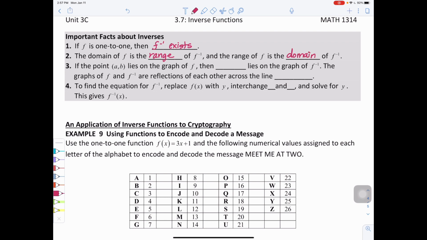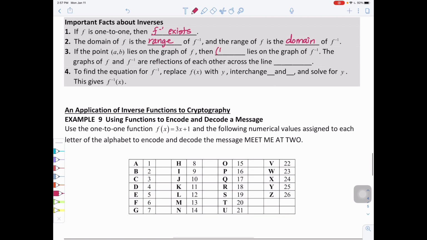If the point (a, b) lies on the graph of f, then (b, a) lies on the graph of f inverse. And the graphs of f and f inverse are reflections of each other across the line y equals x. To find the equation for f inverse, replace f of x with y, interchange x and y, a very important step, and then solve for y. And this gives us f inverse of x. This is a really good summary.